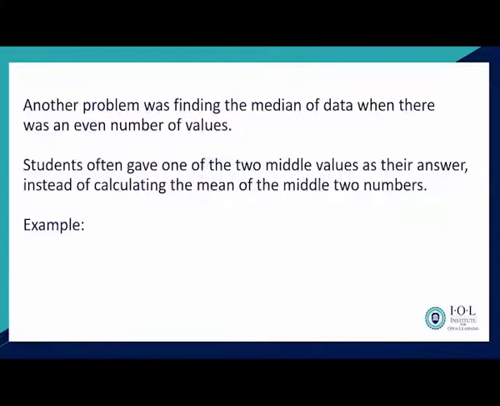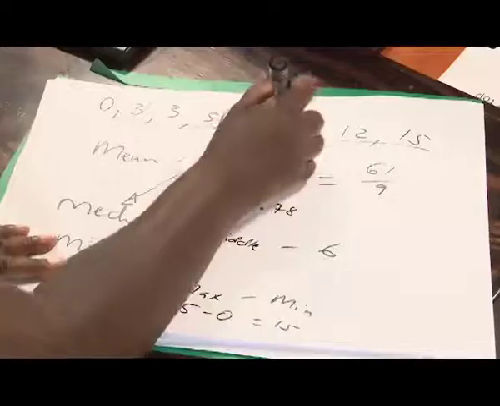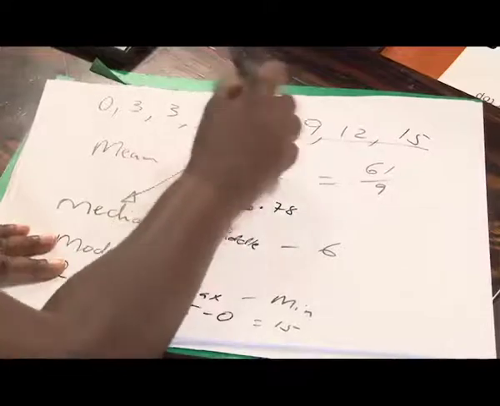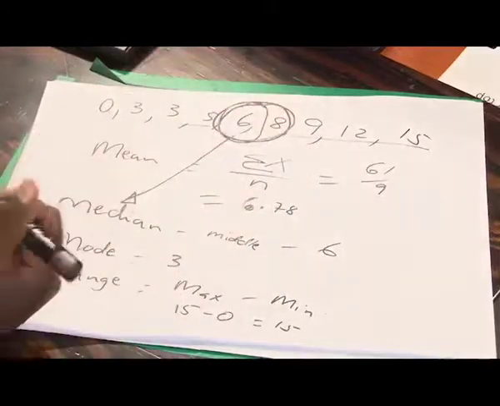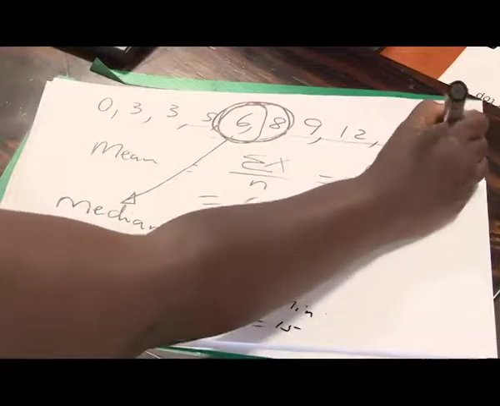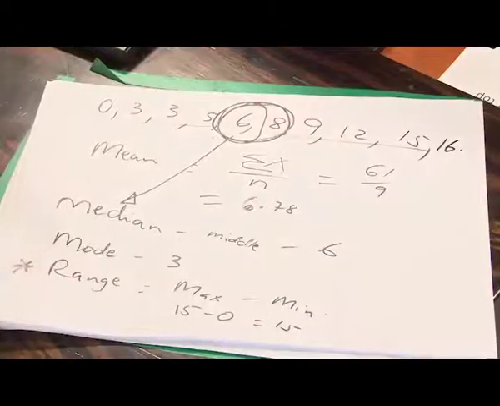Another problem that was encountered was finding the median of the data when there was an even number of values. Let's say there were an even amount of numbers here, and this was your middle, 6 and 8. Let's say we have another number here, I'll add 16. Now in the middle we have 6, 8.